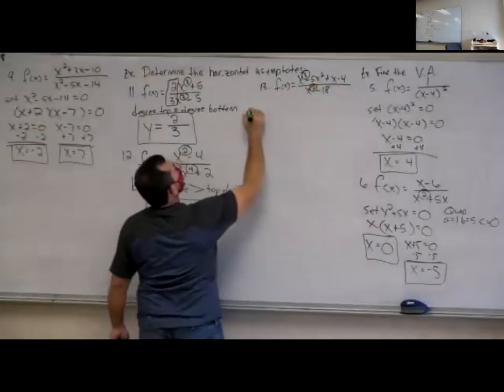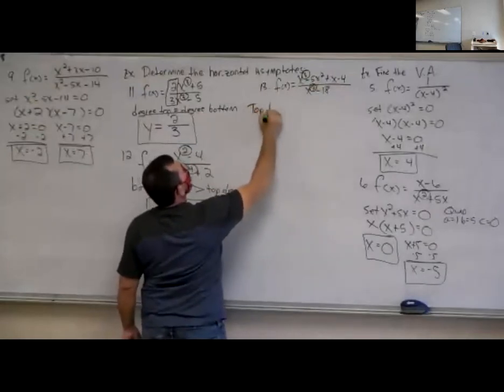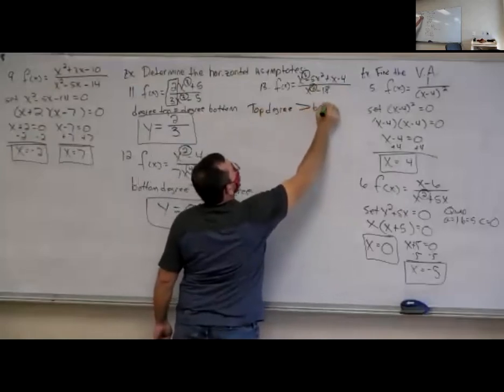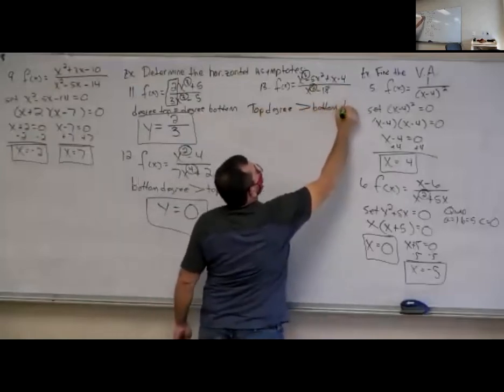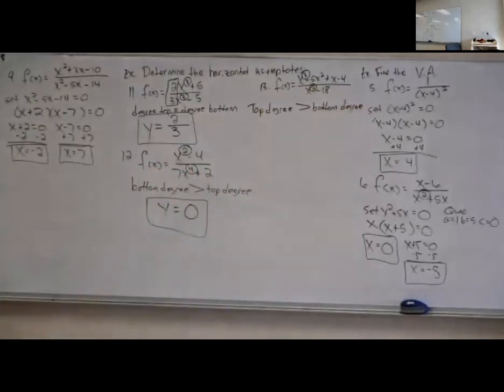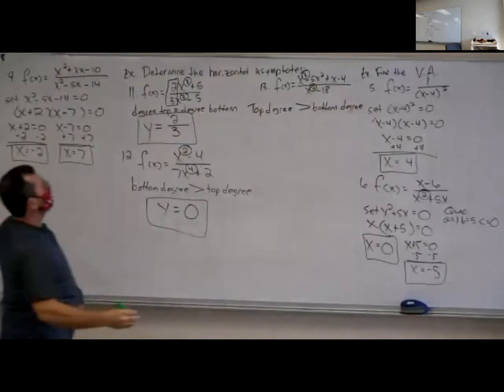So the top is greater than the bottom this time. So you only have one more choice. There is no horizontal asymptote. Good job.